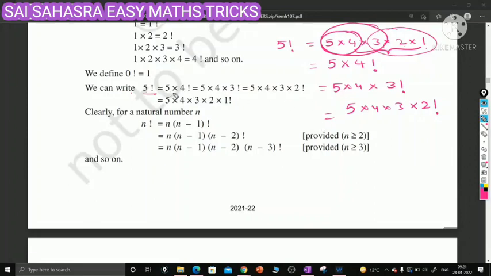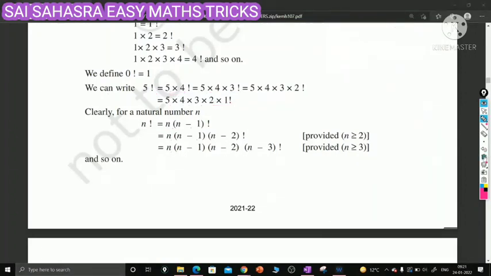So 5 factorial can be written as 5 into 4 factorial, and 5 into 4 into 3 factorial, and also 5 into 4 into 3 into 2 factorial, or 5 into 4 into 3 into 2 into 1 factorial. Clearly, for a natural number n we can write n factorial as n into (n minus 1) factorial, up to, we can stop here, or else you can write 3 terms and keep the factorial notation. Like that you can write, and so on.